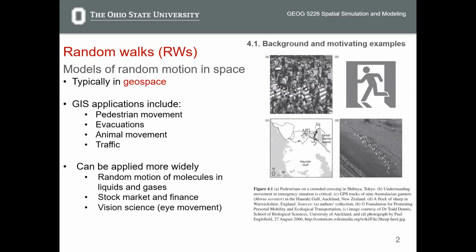Okay, and in other realms, besides GIS, random walks (RWs) can be used to simulate random motion of molecules in liquids and gases, even stock market and finance, and vision science, which means the movement of your eyes. So here in this course, let's talk about random walks and their applications in GIS.